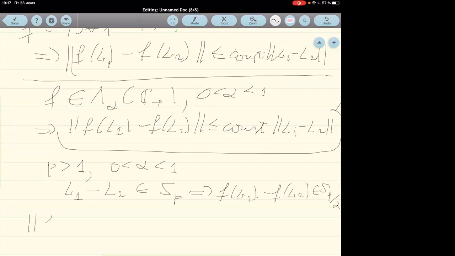And the norm of f of L1 minus f of L2 in S_{p/alpha} is less than or equal to a constant times the norm of L1 minus L2 in the space S_p to the power alpha. For p equal to 1, this is not true.